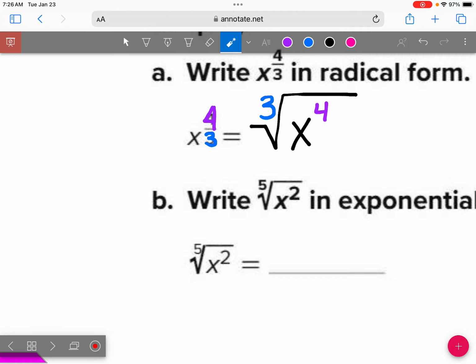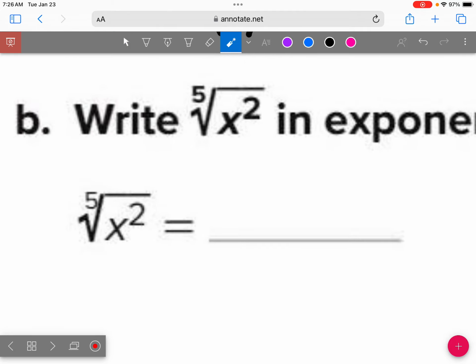It works the other direction too. So on the bottom one, we're asked to write the 5th root of x squared. Well, we've got an index of what? What's our index? 5. And we have a power of 2.